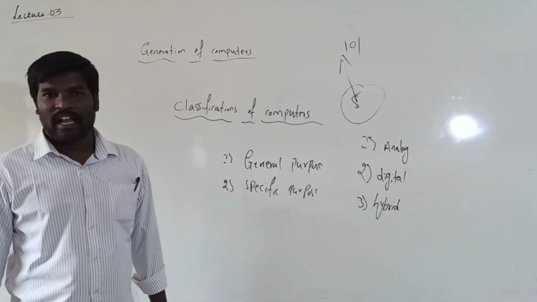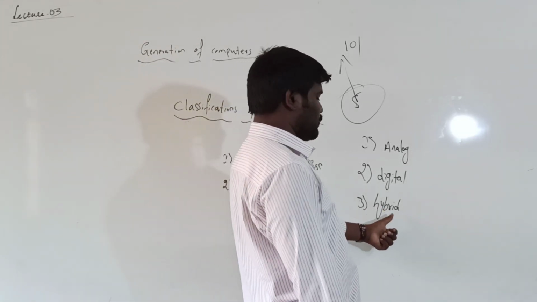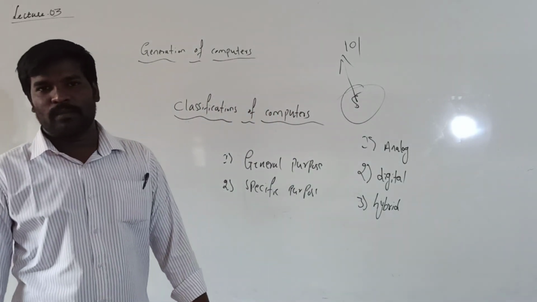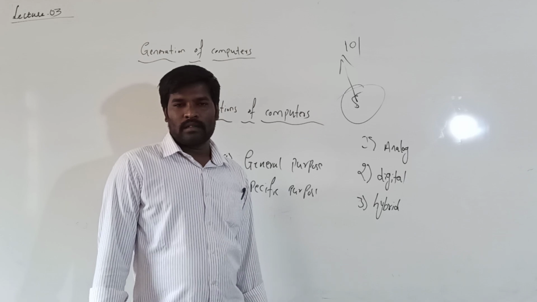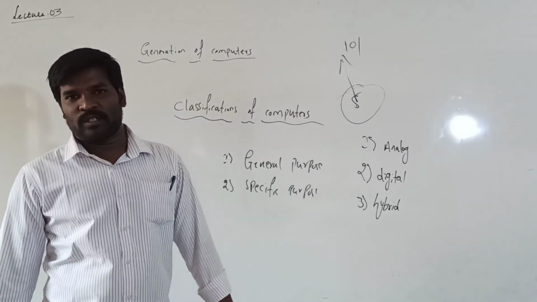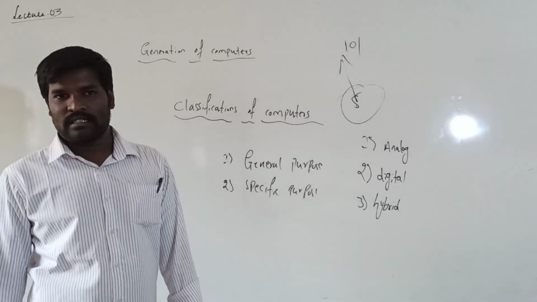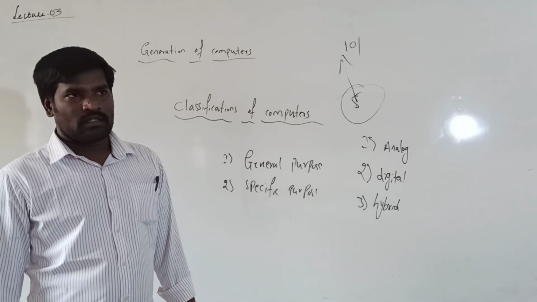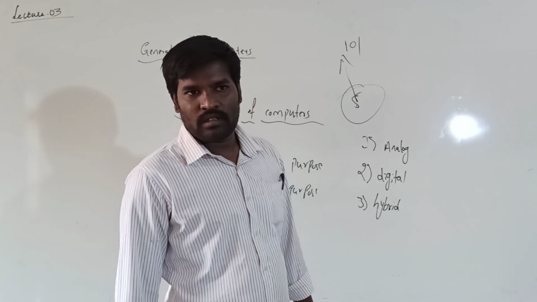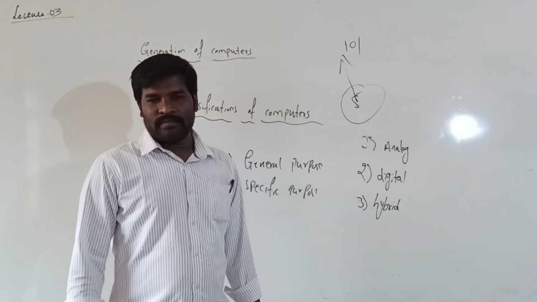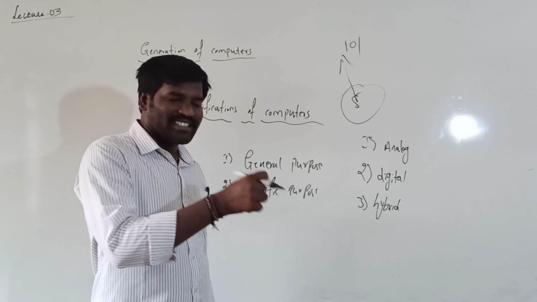So the last one is hybrid computers. Hybrid computers are a combination of analog and digital data. The example for hybrid computers is in a hospital, where the doctors want to check the heartbeat of the patient.